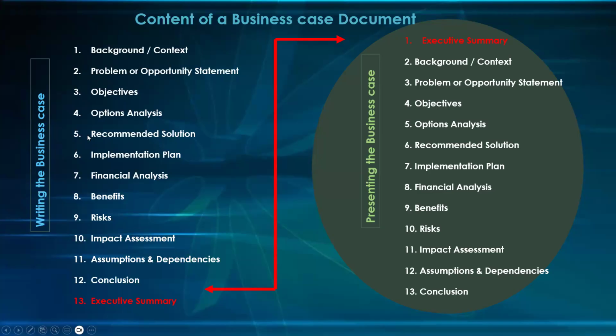Then how is the business case presented? If you look at my right-hand side, you see how the business case is presented. You see the executive summary here, it goes to the top. Sometimes you see people writing a business case and they want to start with the executive summary. How do you do an executive summary when you don't have anything that you've written? The executive summary is only talking about the body of what you already have.